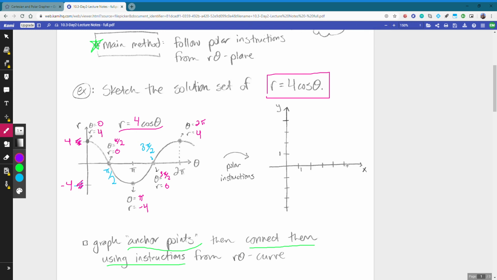Over here on the x-axis, that's when theta equals 0, and we just come out 4 in that direction, 1, 2, 3, 4, and so our first anchor point shows us that this is a point on our solution set. Our second anchor point has theta up to pi over 2, so we imagine our big arrow, right, pointing along the x-axis, we crank that up so it's pointing along the y-axis, and r equals 0 tells us we don't go out anywhere. Actually, that just gives us the origin.